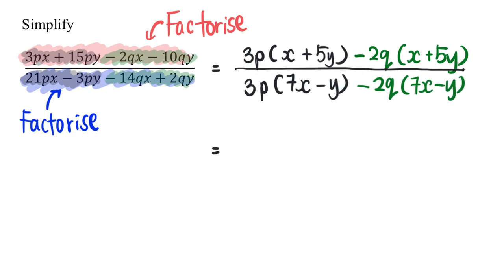And therefore, let's continue the factorization. You should see that there is a common factor here that I can easily write as x plus 5y. So that 3p minus 2q will be my other bracket.